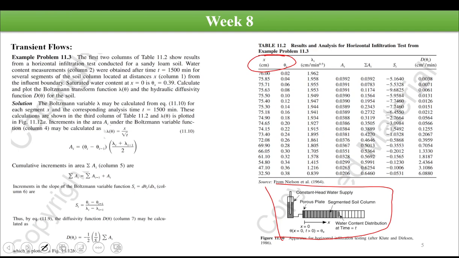At several segments these readings have been taken, and the saturated water content at x equal to 0 is theta equal to 0.39. So we need to calculate and plot the Boltzmann transformation function lambda theta and the hydraulic diffusivity function D theta for the soil, right?